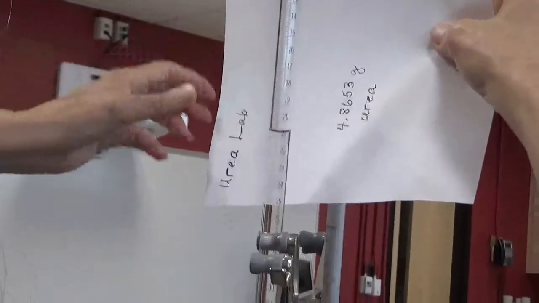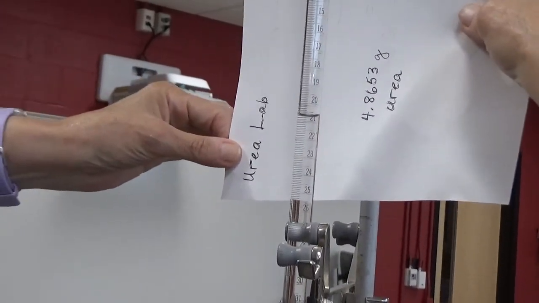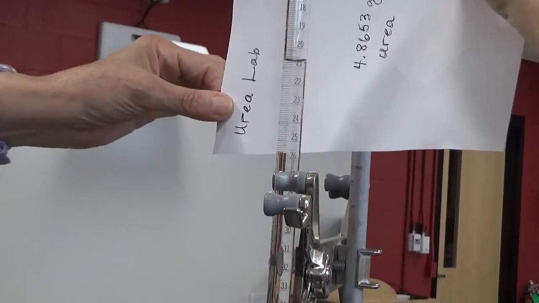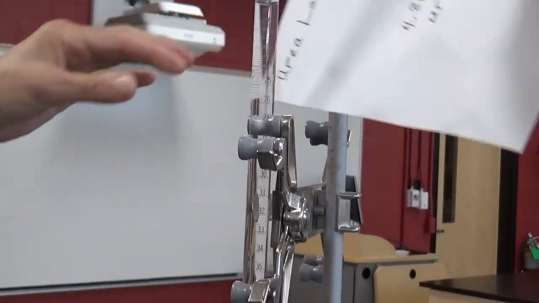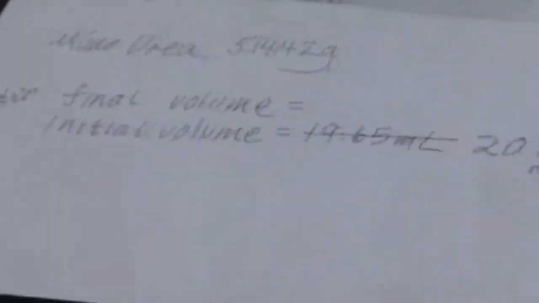So there we go. This happens sometimes in lab. We're just going to cross it out with a single line, like we are always saying you should do. So that's 20.69. I would say 20.69 is the initial volume. So it says in the instructions, if you added 5 grams of urea, to add half that in milliliters of water.